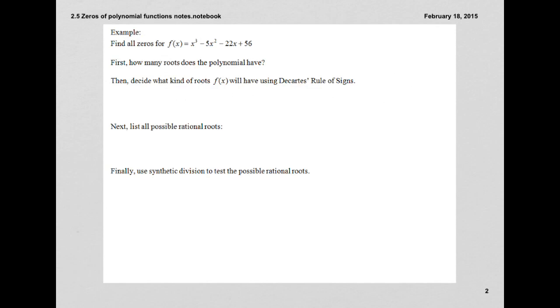Now that we have the total number of roots and what type they're going to be, we want to find out all possible rational roots.